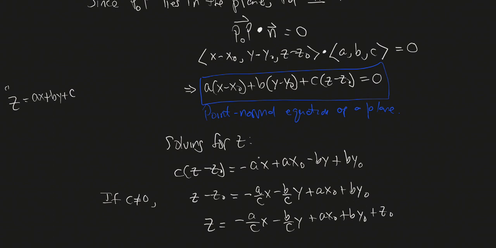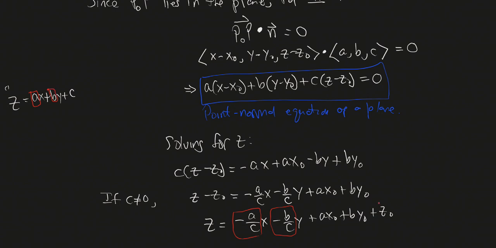So why am I going through the trouble of doing this? Well, it basically shows that we've now expressed the point normal equation of the plane in this alternative form. Because what I have here as my coefficient of x is some constant, and what I have here as the coefficient of y is, again, a constant.